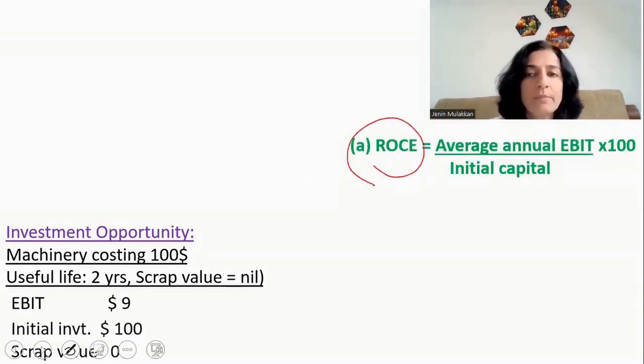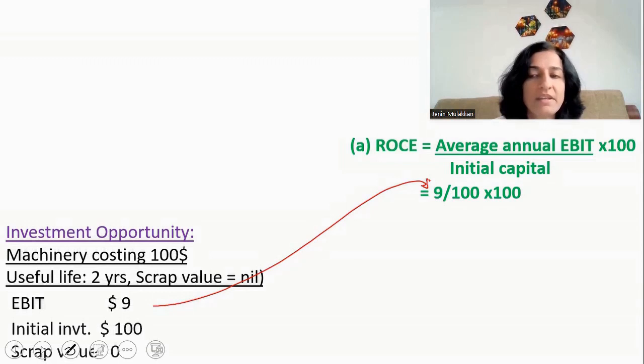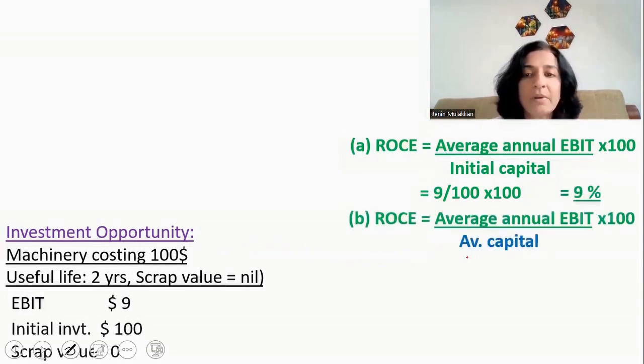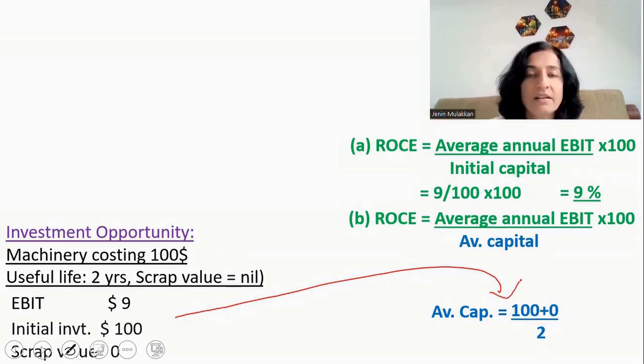So return on capital employed using the initial capital works out to 9, which is nothing but the average annual EBIT. The initial capital is $100. So the return on capital employed works out to 9%. Now, if we were to calculate return on capital employed based on average capital, then the average capital works out to $100, that's the initial investment, plus the scrap value of 0, divided by 2.